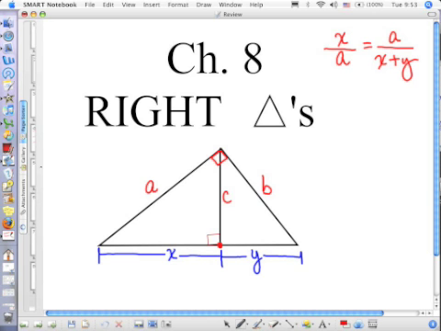If we use B, we said B, the short leg of a right triangle, or shorter leg. I don't want you to get confused thinking it's a 30, 60, 90. The shorter leg is the geometric mean between the short segment formed and the entire hypotenuse.